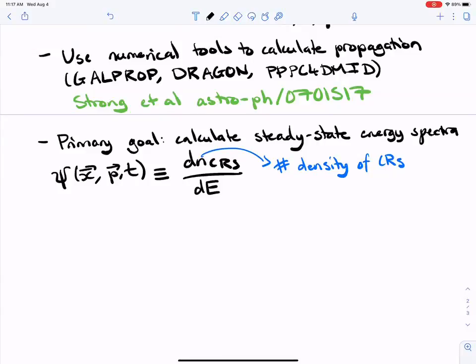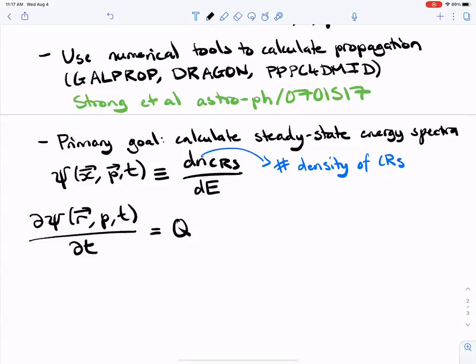Okay, so if I ask how the evolution of this field behaves, then the diffusion equation that these numerical codes are solving looks like this: the rate of change of this number density over time is governed by some source term.